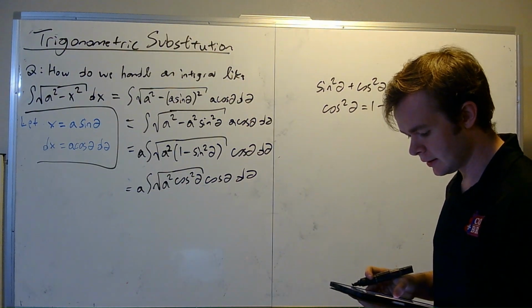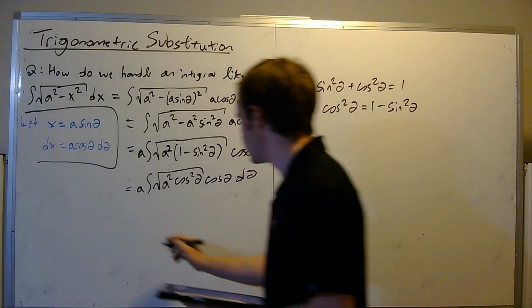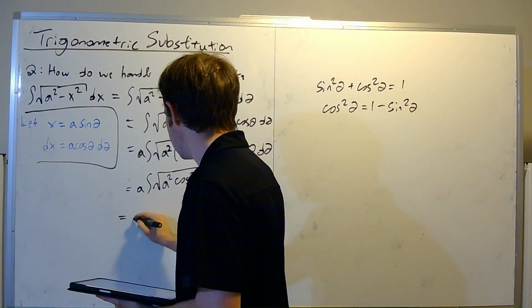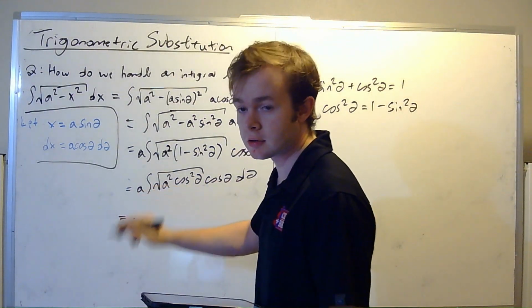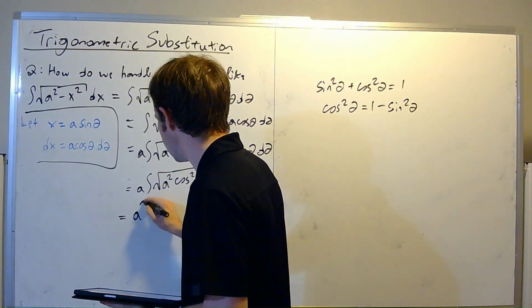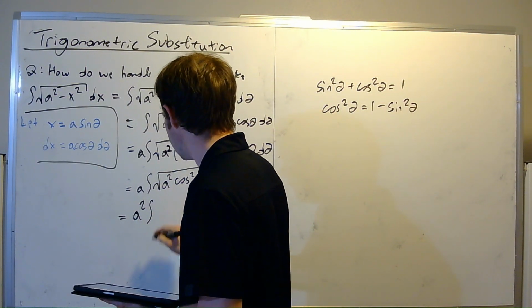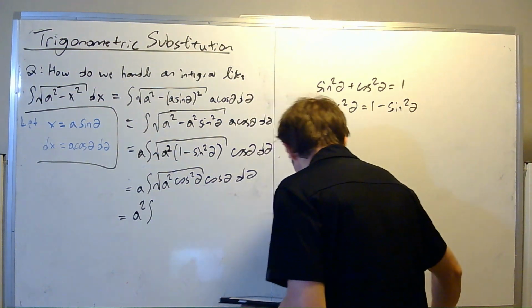Okay. And now we can take our square root, so this is going to give us an a, and I'm going to factor that out. Let me just write this in two separate steps.